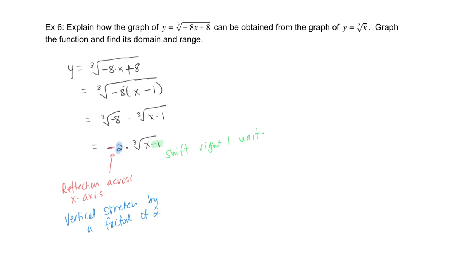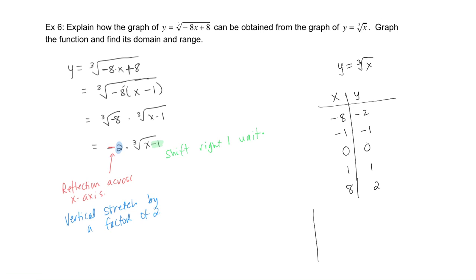Okay, so now I can come up with the graph. Okay, the original y equals cube root of x. We could have, let's say, negative 8, negative 1, 0, 1, 8. We'll just do some points here. Cube root of negative 8 is negative 2. Cube root of negative 1 is -1, 0, 1, and 2. Okay, and so the domain, because it's an odd root, is unlimited.